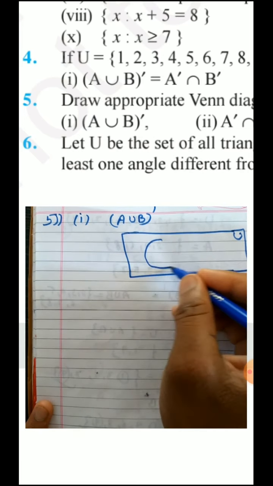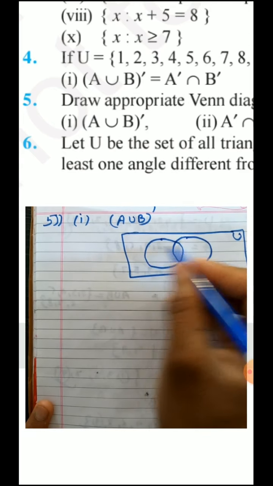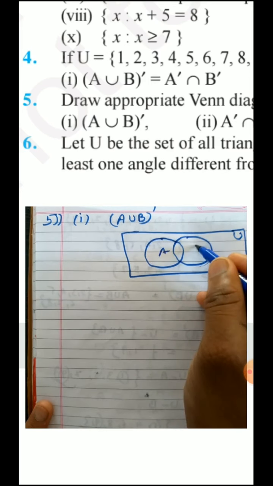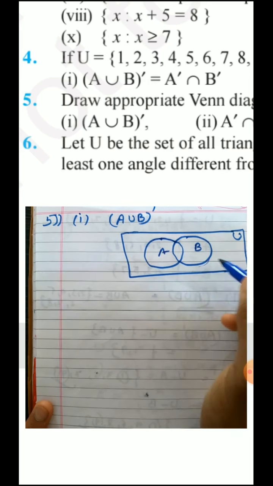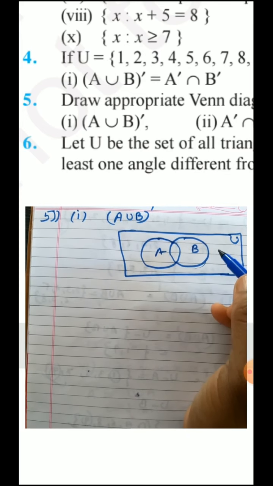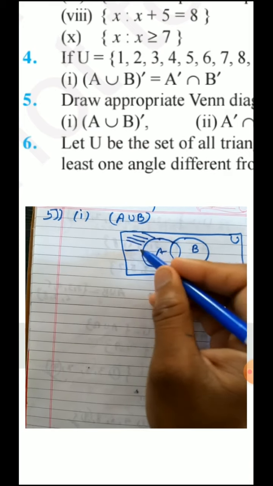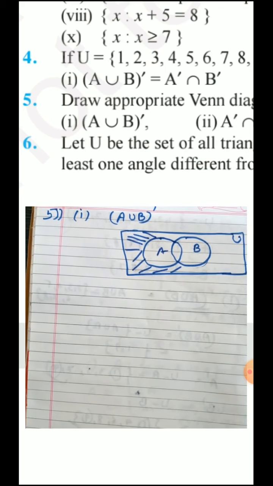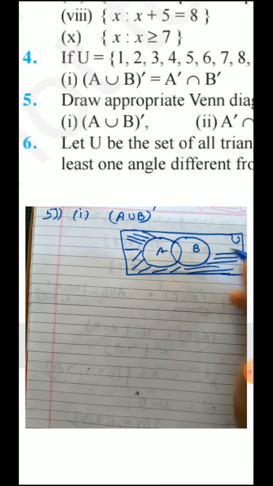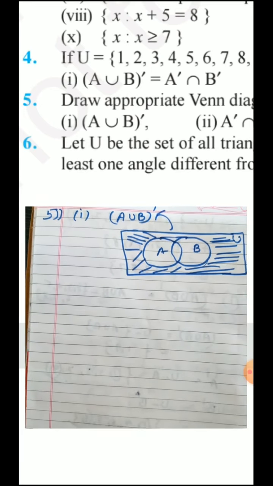This is set A, this is set B. This whole area including A and B represents A union B. The complement of A union B is the region except A union B. This is called (A union B)'.